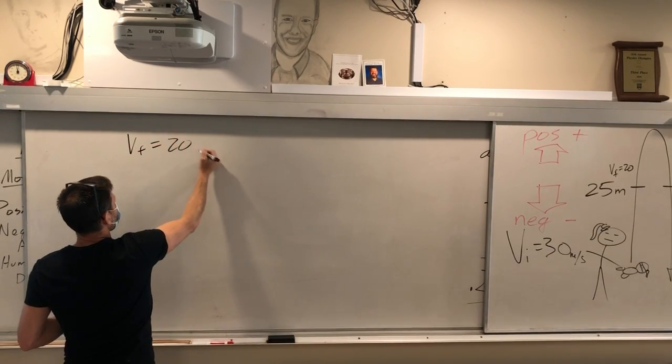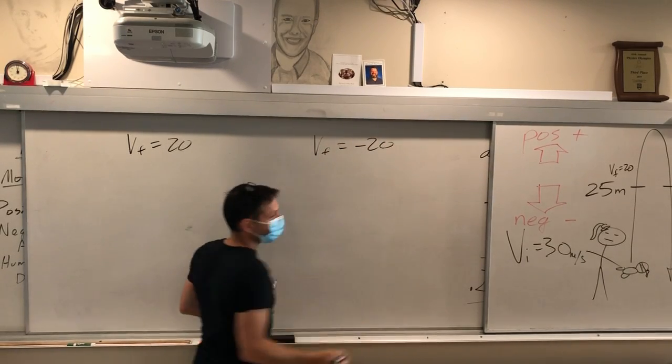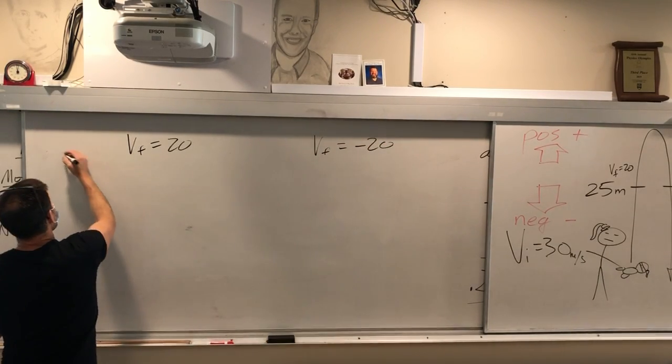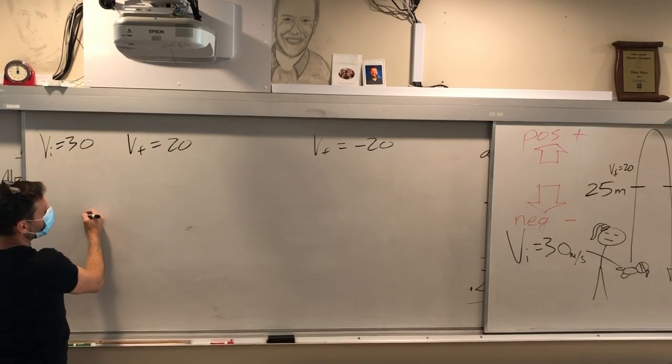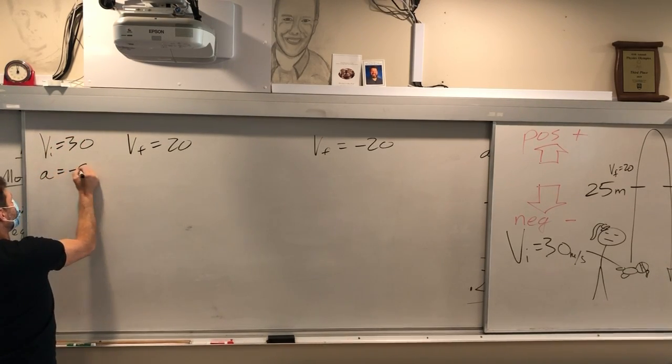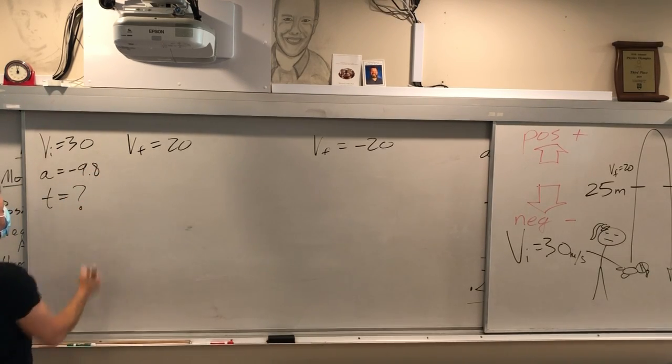We have VF equals 20, and we have VF equals negative 20. And we know VI is, what's VI? 30. And we know A is negative 9.8. And we're looking for T. What's the easiest formula to use?